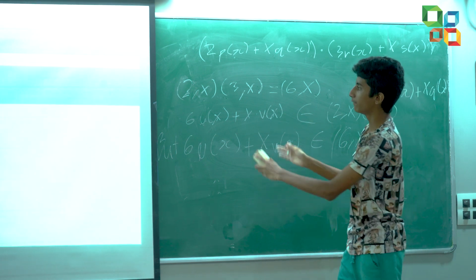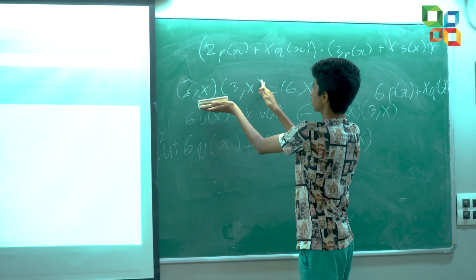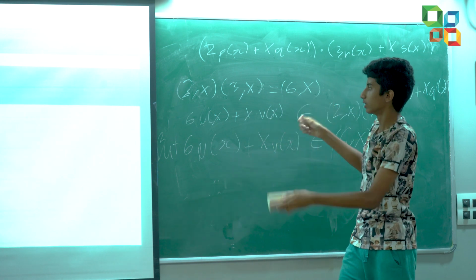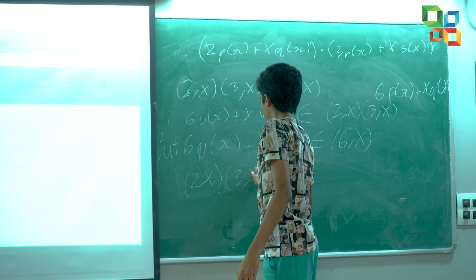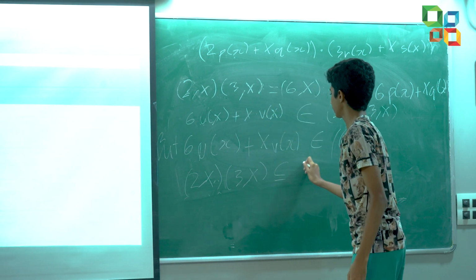So we've shown that every element from this product is already in the right hand side. Therefore (2, x) times (3, x) is a subset of (6, x).